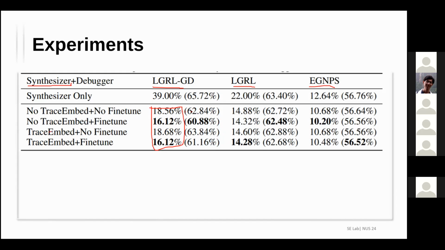Those in the bracket are the exact match error, which is not very important to us, so we will just look at the generalization error. The synthesizer on its own performs quite badly. But once we add in this kind of debug repair work, let's go through the four different variants here.